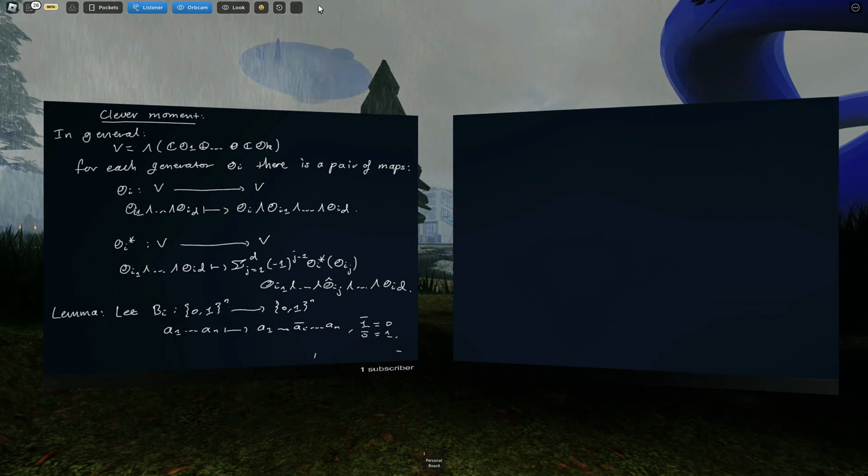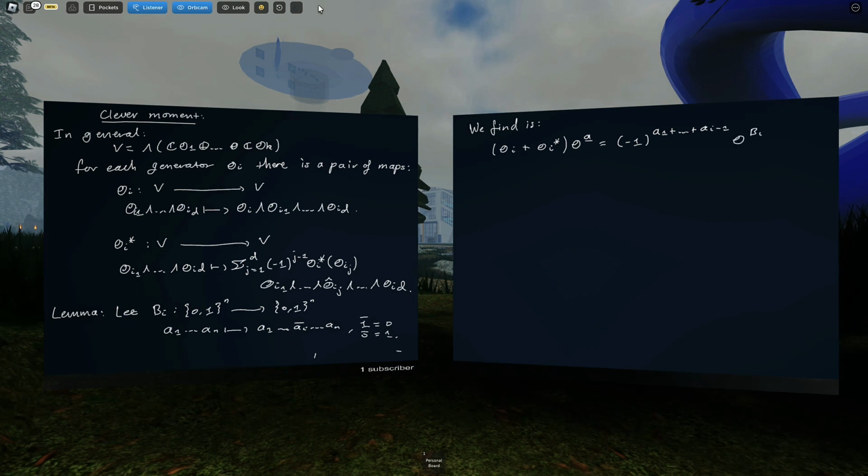Okay, I can go ahead and define that, and when I do, what we find is if I look at this operator theta i plus theta i star, okay, so those are the operators, not the elements, the operators, and I apply that to some element inside the exterior algebra V, so theta to the power of a underline, which is just some binary sequence, then that is going to end up being equal to (-1) to the power of a1 plus dot dot dot plus a(i-1), multiplied by theta to the power of a-bar-i.